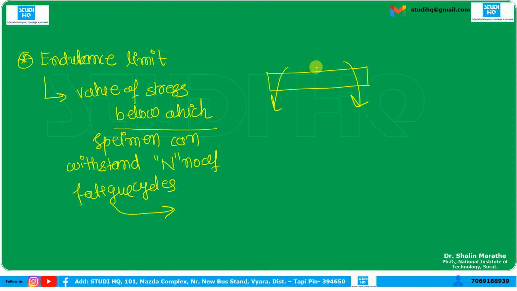Suppose this is point A, this is point B. When we bend it like this, there will be positive stress over here and negative stress there. Positive means tensile, negative means compressive. When I unbend it and bend it upward, here there will be negative stress and there will be positive stress.